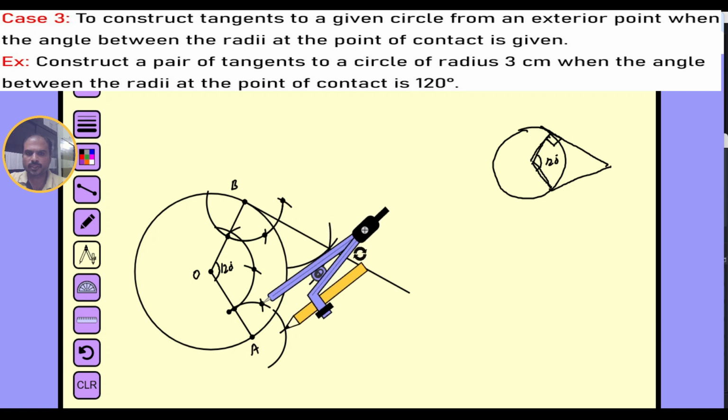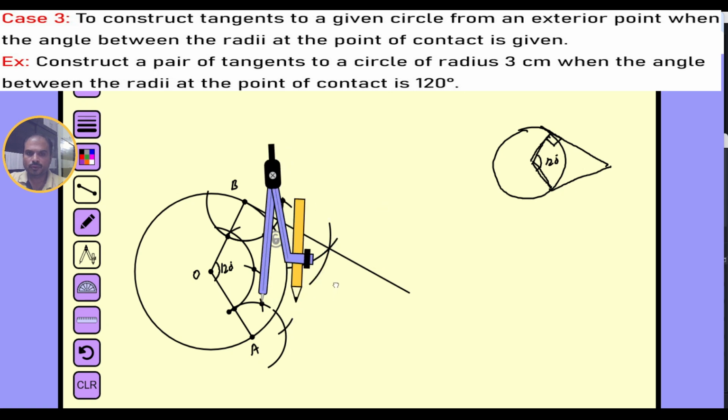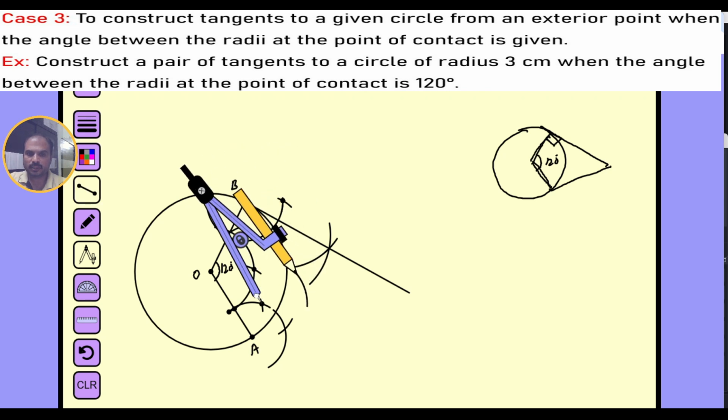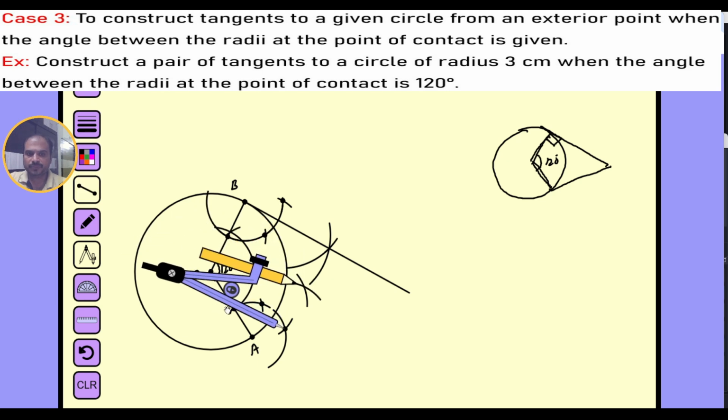You only need to be thorough with the methods: what to do to construct 90 degrees, what to do to construct a tangent from an exterior point, and what to do when the angle between the radii is given. Those points need to be remembered. Clear? Now this is one more tangent.